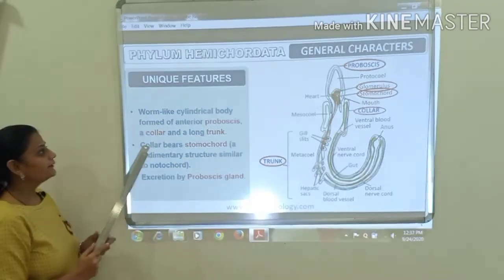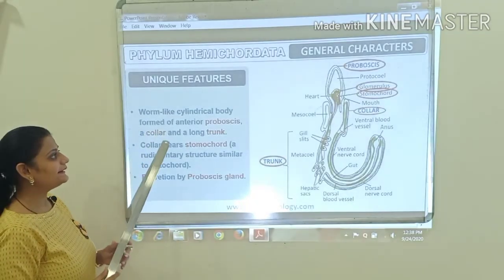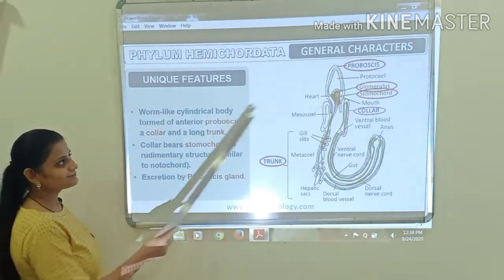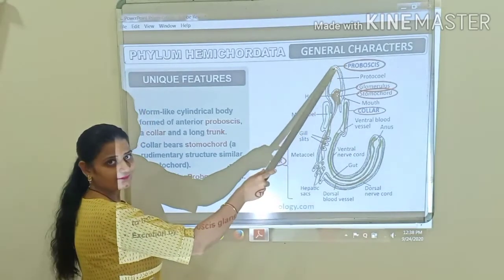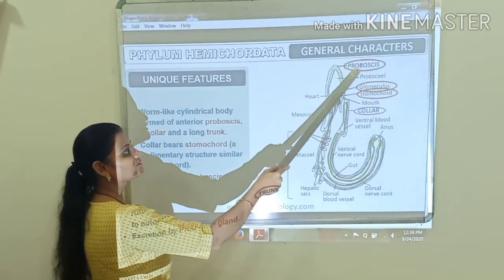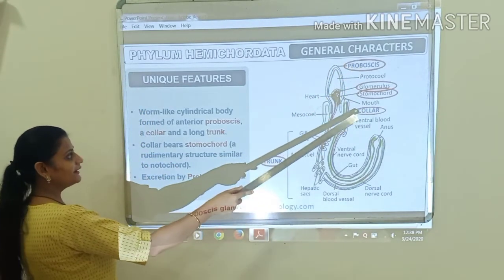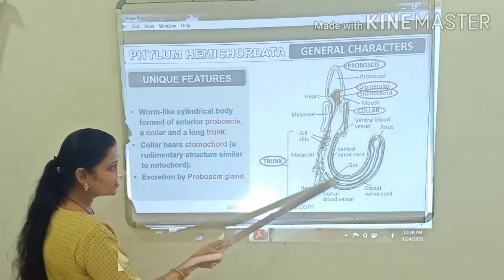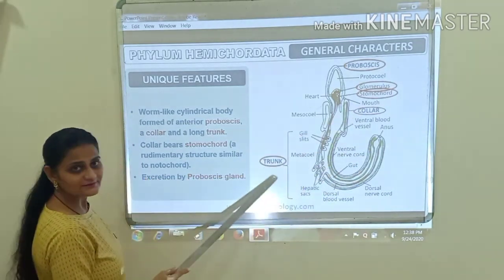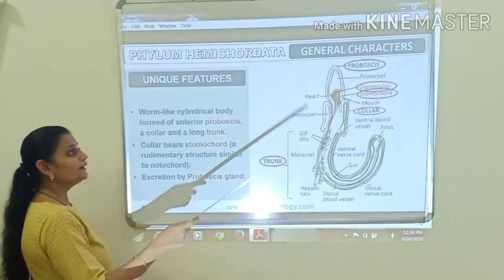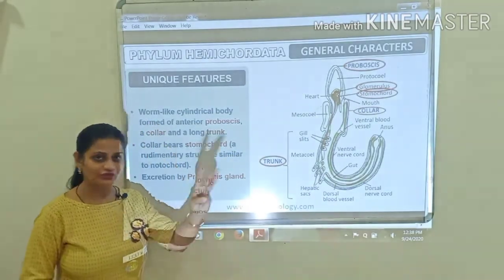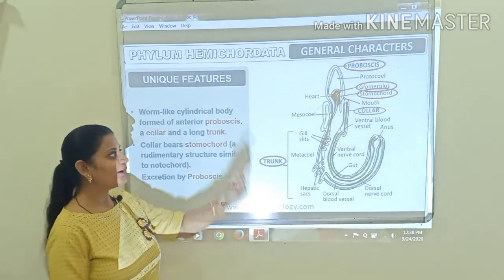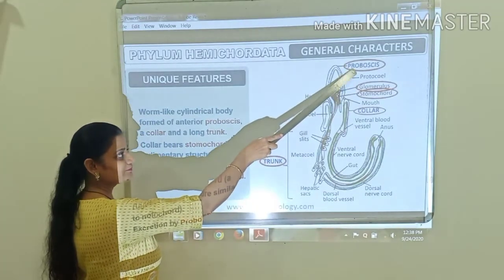Okay, and at the anterior end they have proboscis. ठीक है, anterior टिप पर क्या है, proboscis है. फिर क्या है, they have a collar. And then they have a long trunk, right? Once again, the body is divided into three parts. The anterior part is called proboscis.